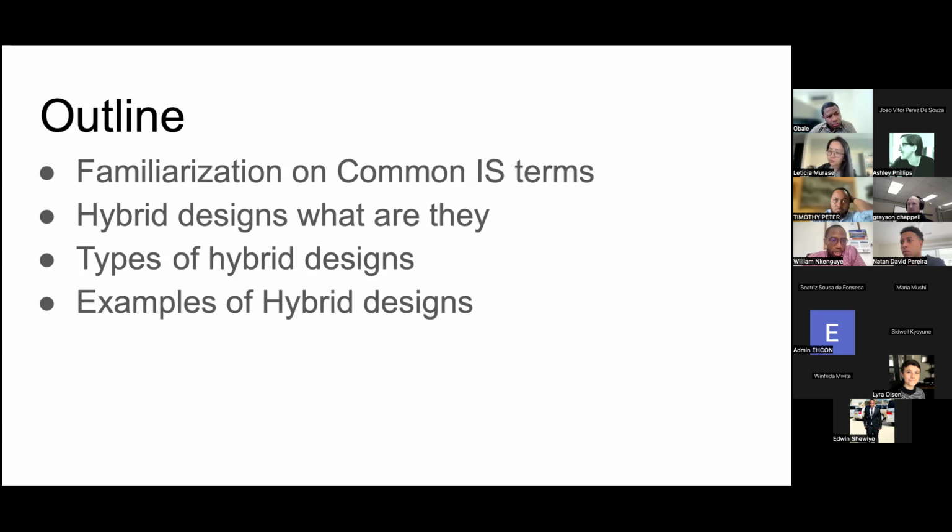We'll also talk about the hybrid designs themselves, which combine effectiveness research and implementation research. We'll see what they are and how many types we commonly have in the literature. That is bullet number 3. Finally, we'll see a few examples of papers that have used these hybrid designs as their study designs.